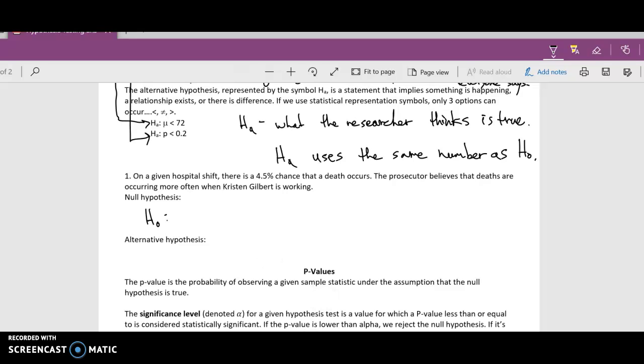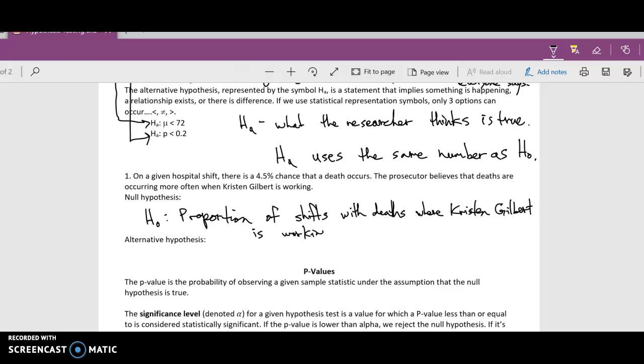Well, it's going to be H naught: the proportion of shifts with deaths where Kristen Gilbert is working is 0.045. That's 4.5%, right?